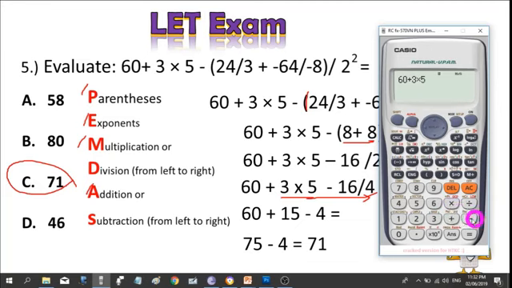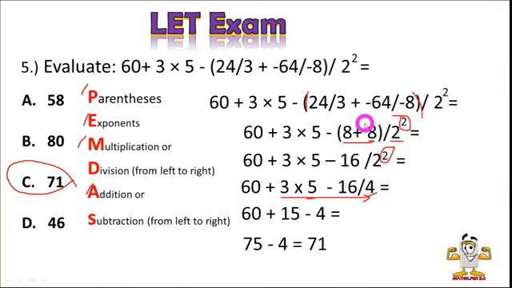So, 60 plus 3 times 5 minus parentheses 24 divide 3 plus negative 64 divided by negative 8, then parenthesis divided by 2 squared. So equals. So the same answer, which is 71.